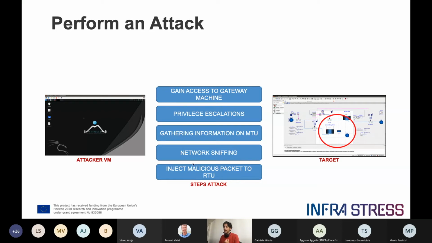Then we will gather information on the master terminal units and from the HMI. Finally, we will sniff the network in order to understand how to inject malicious packets to the RTU. So the objective will be to modify the measurements and the values that are shown to the HMI.